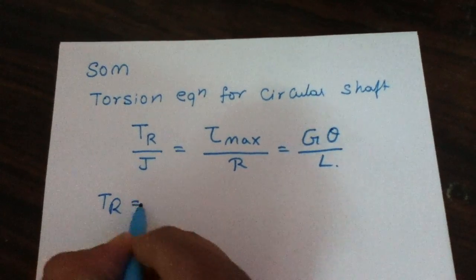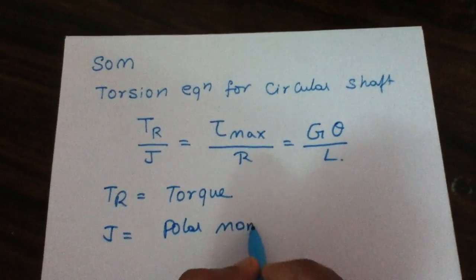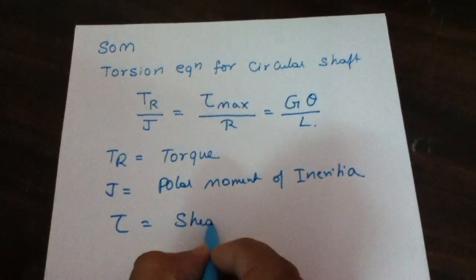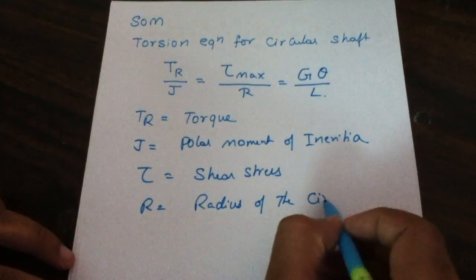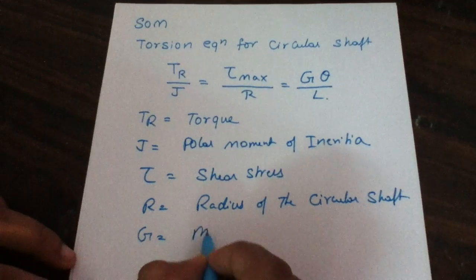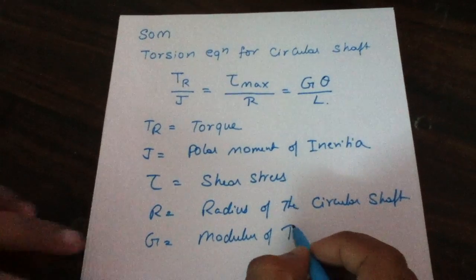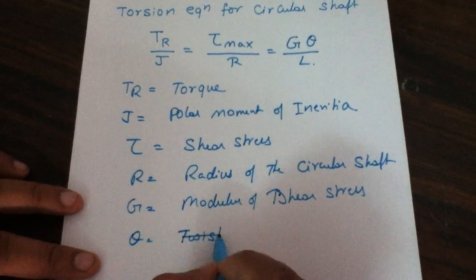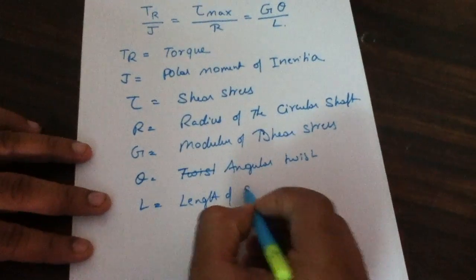Here T by R is nothing but torque, where J is the polar moment of inertia, where this is the shear stress, where R is the radius of the circular shaft, and this is a solid shaft, and where G is the modulus of shear stress, where theta is the twisting angular twist, where L is the length of the shaft.